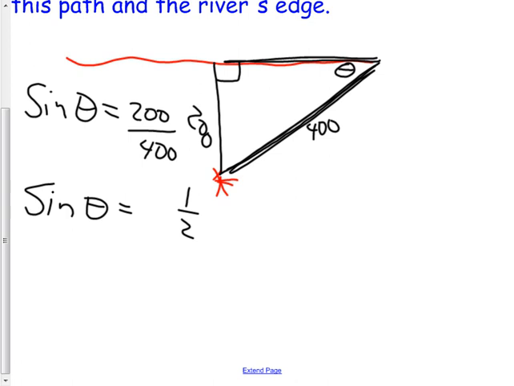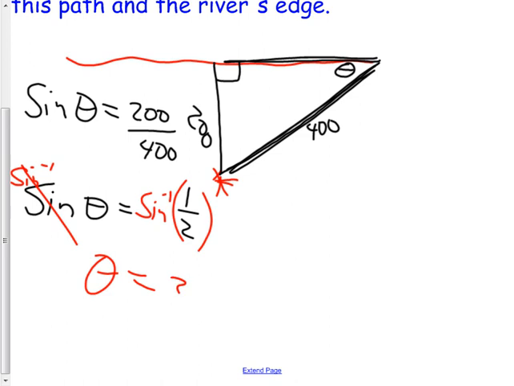You just have to know, how do you get sine out of there? What do you do to both sides? Inverse sine. You do inverse sine on this side and inverse sine on this side, and that cancels that. Theta equals inverse sine of 1/2. I do have that one memorized. Sine of 30 is 1/2, so I knew it was 30.